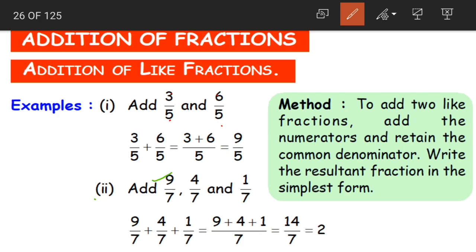Now let us add 9 by 7, 4 by 7 and 1 by 7. Again these three are like fractions, right? So when we add like fractions, what do we get in the sum?